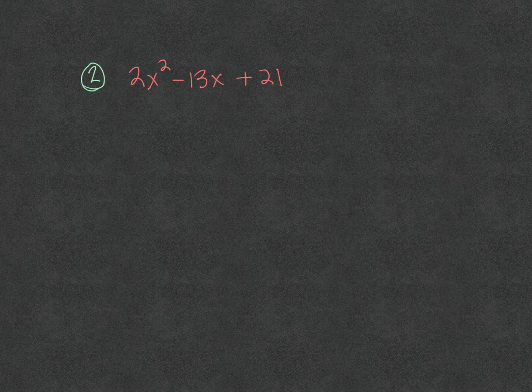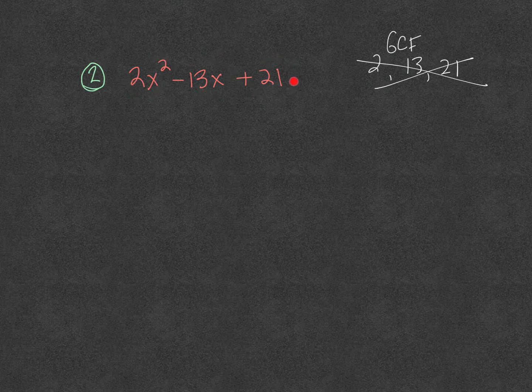All right, looking at number 2, first thing I think in my mind is, is there a greatest common factor between 2, 13, and 21? And there is not, so I don't have to worry about a greatest common factor. I also notice that there is an x squared term, an x term, and then this doesn't have a term, so I know that there's not going to be a variable that is the greatest common factor.